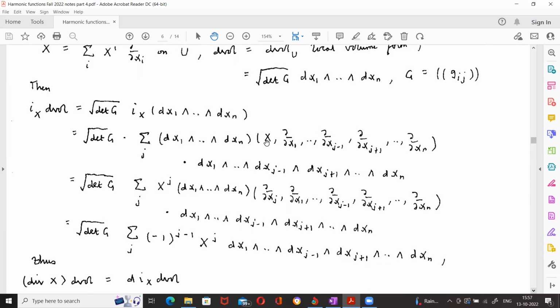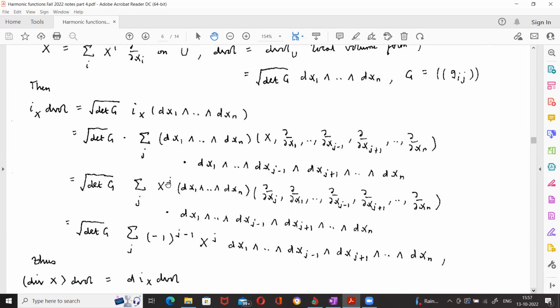So that will vanish. So the only term which will remain is when i is equal to j. So then I'll just get an X^j del/del xj here. Okay, so that X^j will come out.